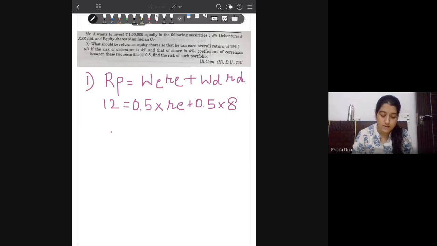So solve this equation, you will get the value of the return on equity. See how much is the return coming.